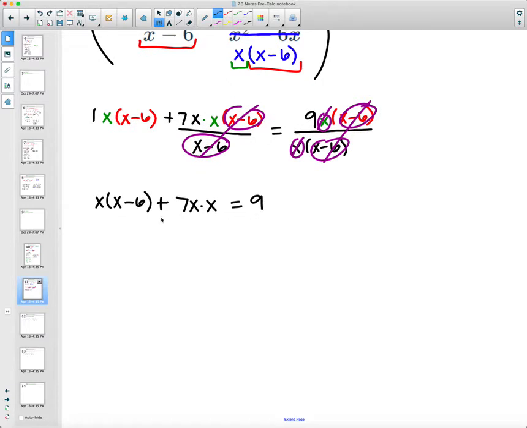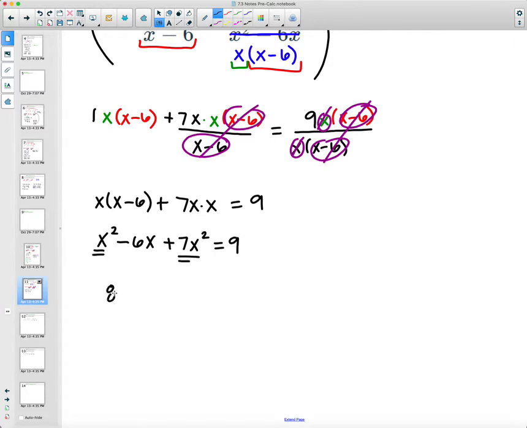Then you can simplify this. So we'll distribute the x. So we'll get x times x, which is x squared, x times negative 6, which is negative 6x. 7x times x is 7x squared. Then we can combine like terms. So we see an x squared and a 7x squared.